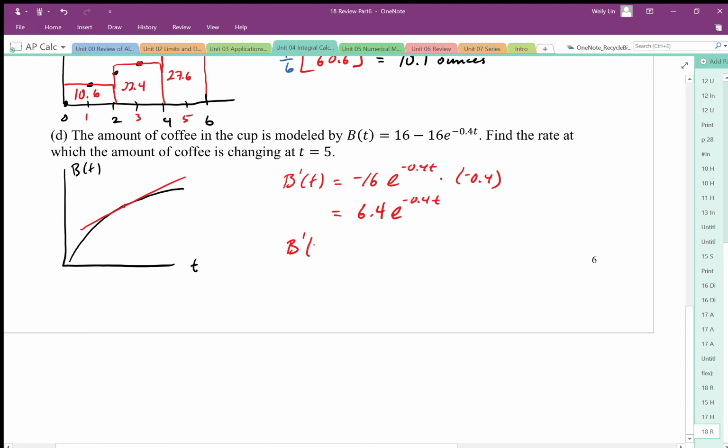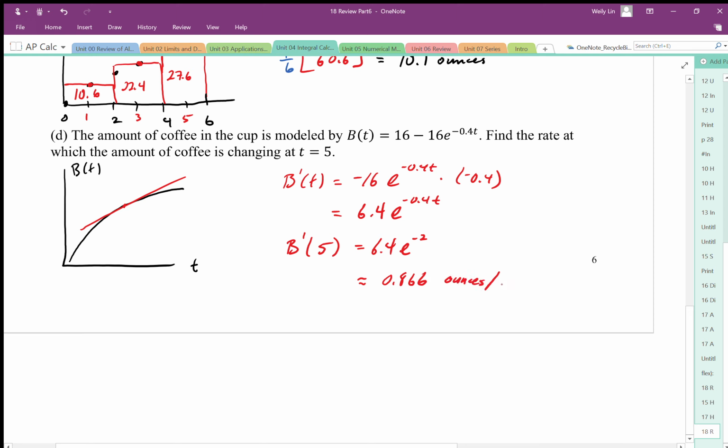I want to know the derivative when t equals 5, so I just need to substitute in t equals 5. So I end up with 6.4 e to the negative 2, and when I calculate that, it's approximately 0.866.